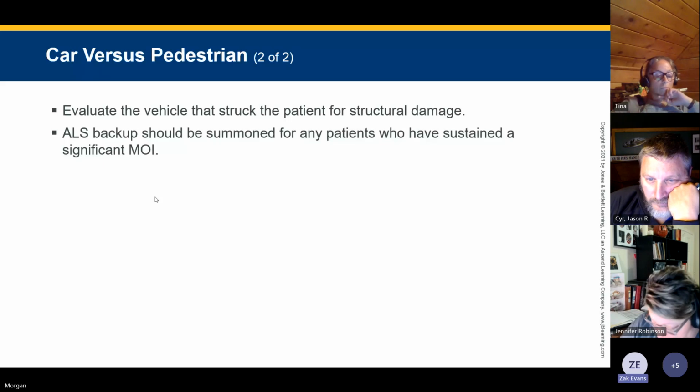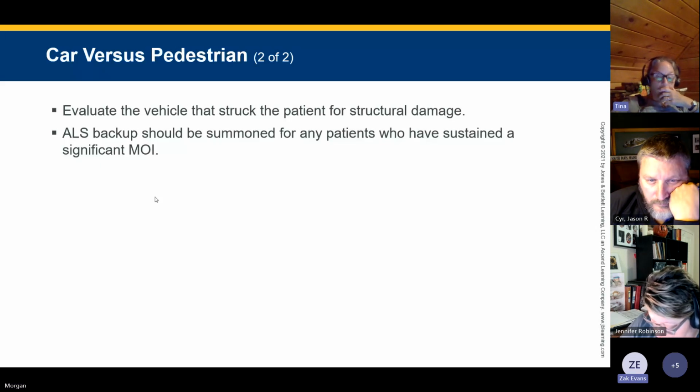Was the steering wheel bent? Was the windshield scarred? Is there damage into the patient compartment? If I'm by myself, you're right, patient care comes first. However, this is car versus pedestrian, who's probably thrown. I still would split up and have my partner assess the vehicle for any damage.